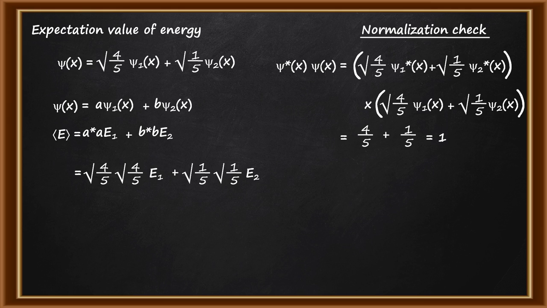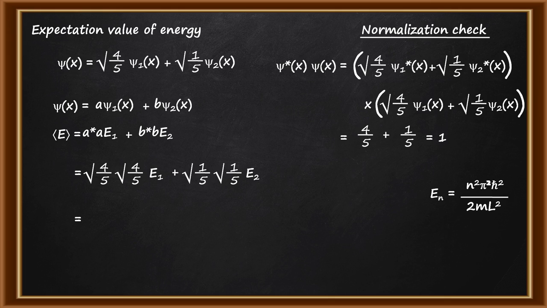Now E1 and E2 we can get from the general energy formula for the 1D potential box, which is En = n squared pi squared h cross squared divided by 2m L squared. So for the ground state energy we will put n equal to 1, for the first excited state we will put n equal to 2, and get the values of E1 and E2.